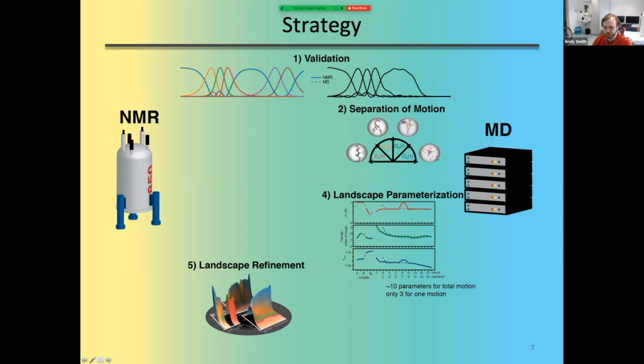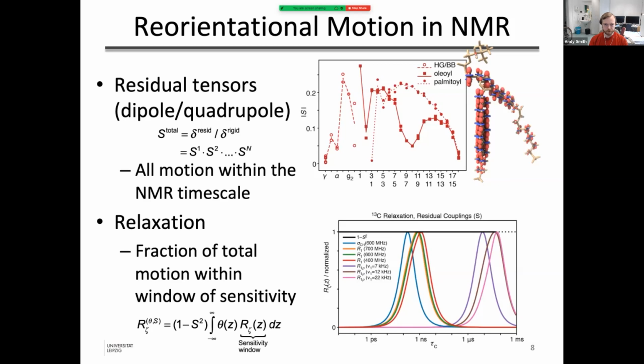And so here it will turn out to be about 3 parameters. From that, we can build up a full landscape from the simulation. And then finally, we're going to go back to our experiment and we're going to refine the landscape based on our experimental data.